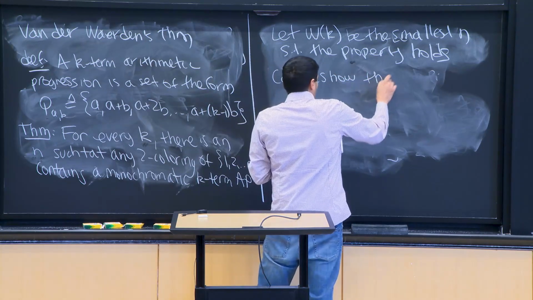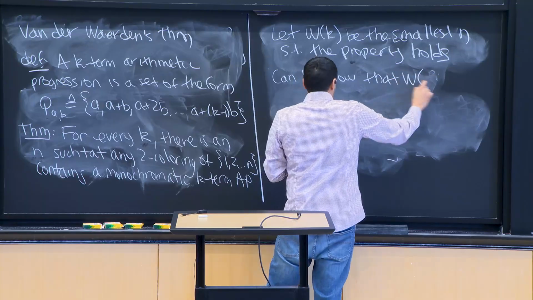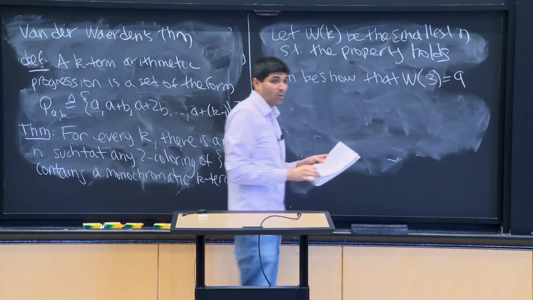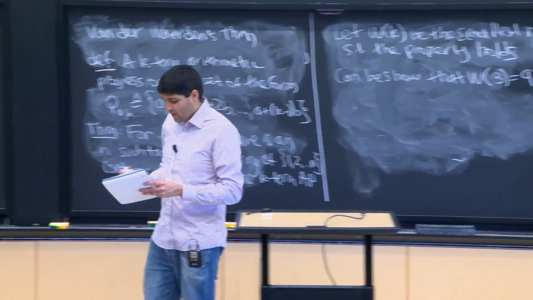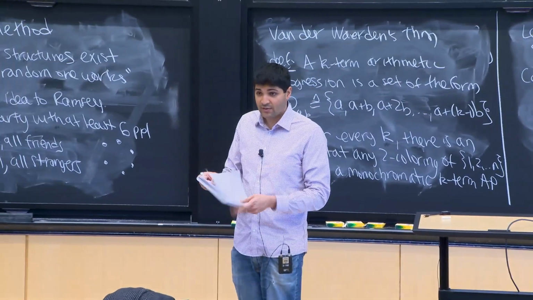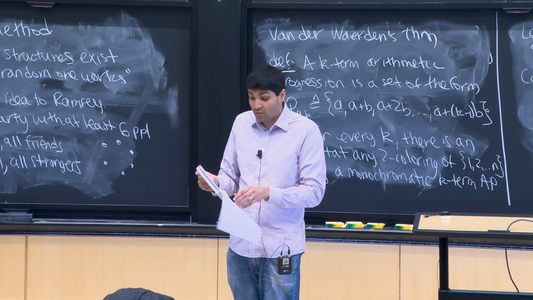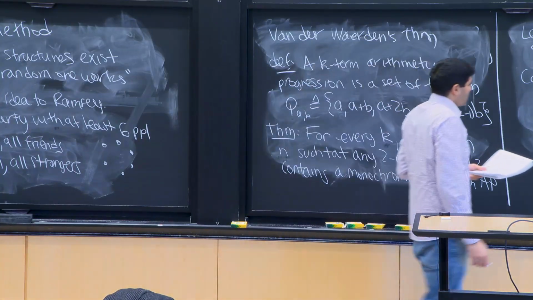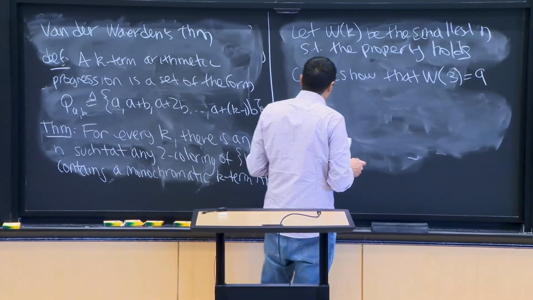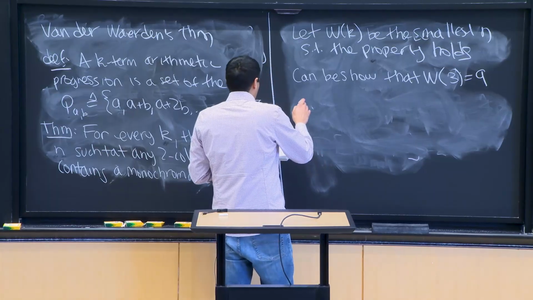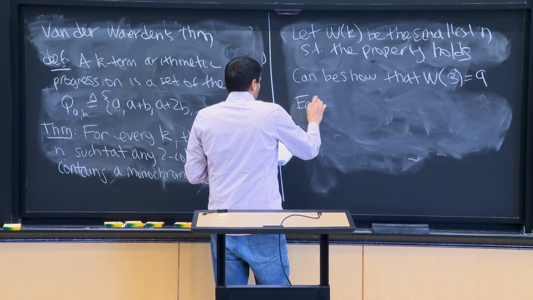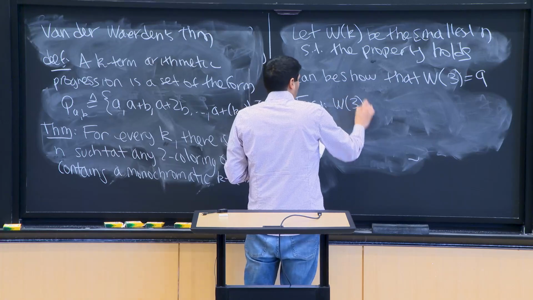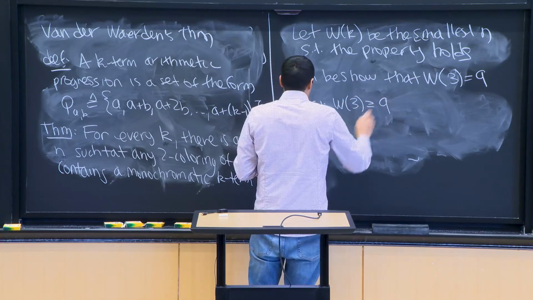Now, one of the things you can show is that you can reason about small values of these types of quantities. One of the concrete things you can do is ask what's the smallest n so that every two-coloring has a 3-term arithmetic progression. It turns out to not be super easy to show this, but one side is easy. The easy part is just to show a lower bound. So we're going to prove that W of 3 is at least 9.